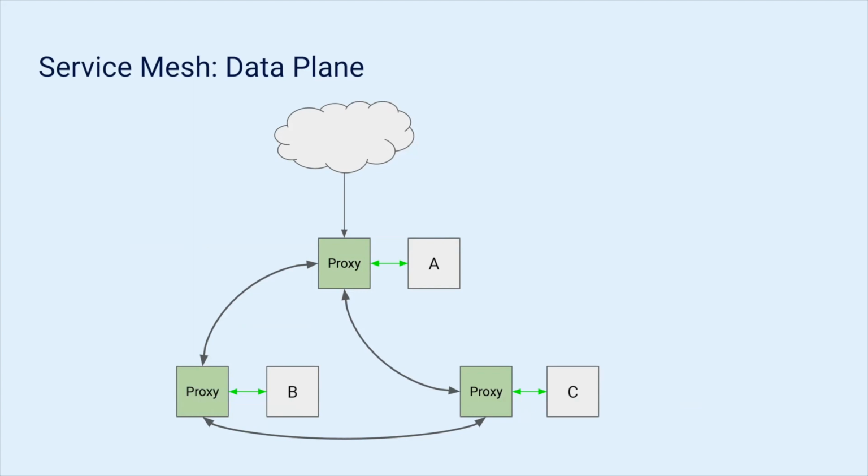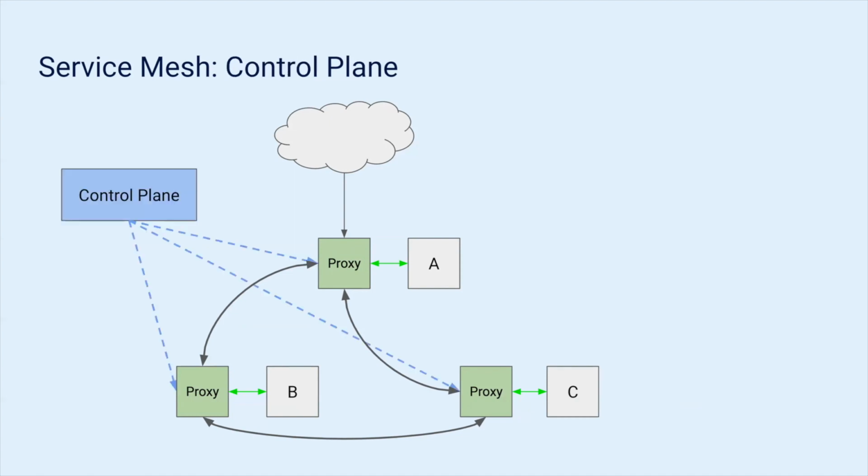So the Linkerd data plane injects a sidecar proxy into each of the pods, and it then manages all the traffic to and from those services within the pod. The control plane configures each of those proxies as they come up.